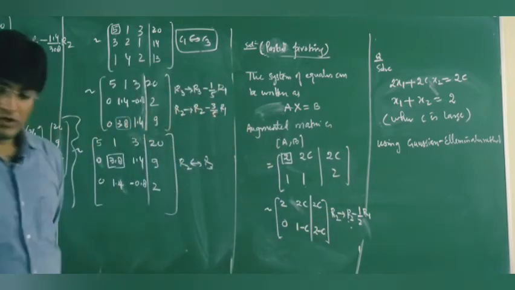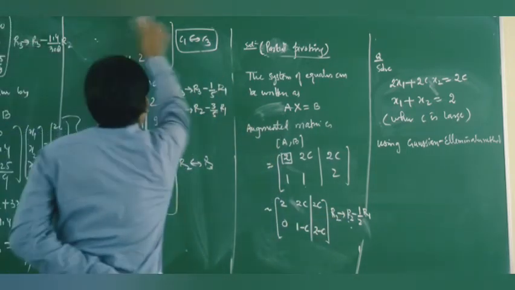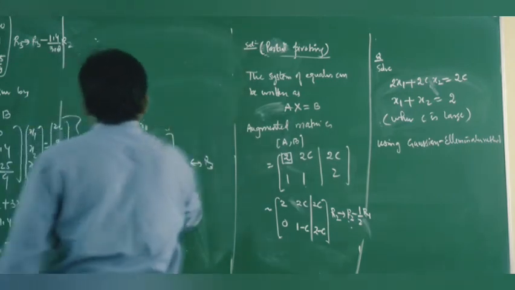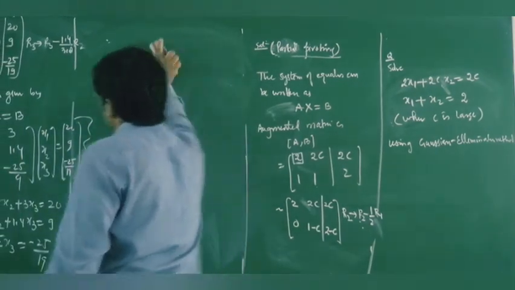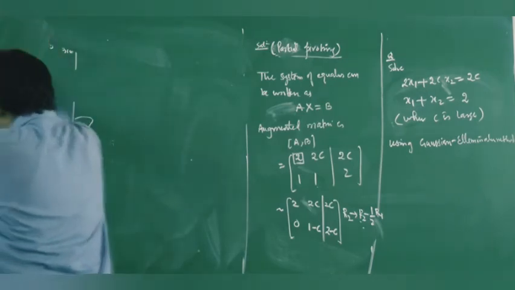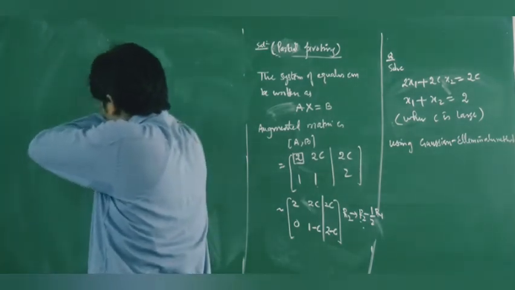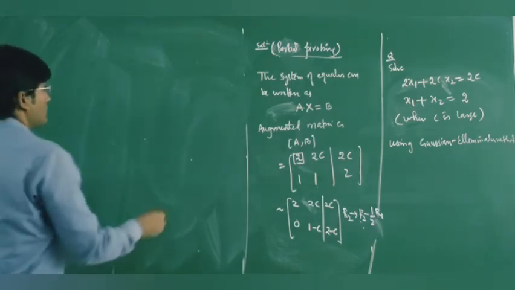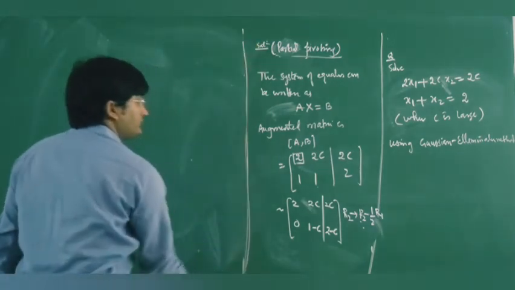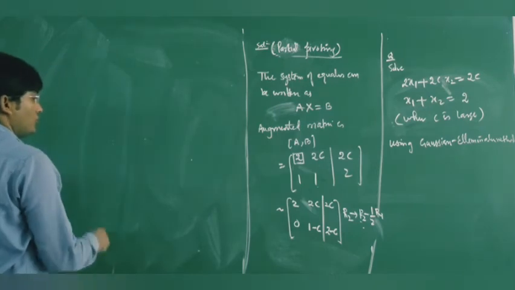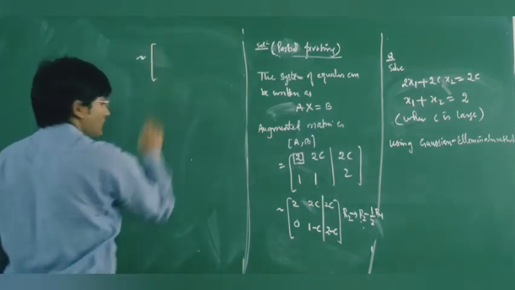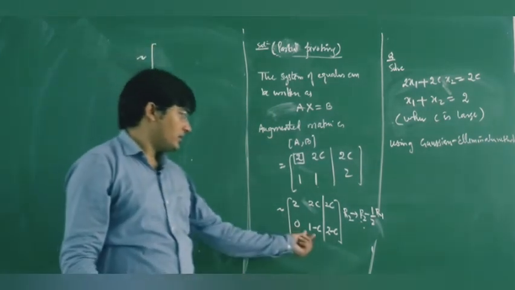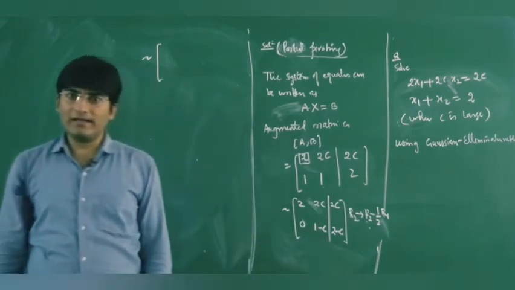So again, as our c is very large, if c is sufficiently large, then 1 minus c is the same as minus c.